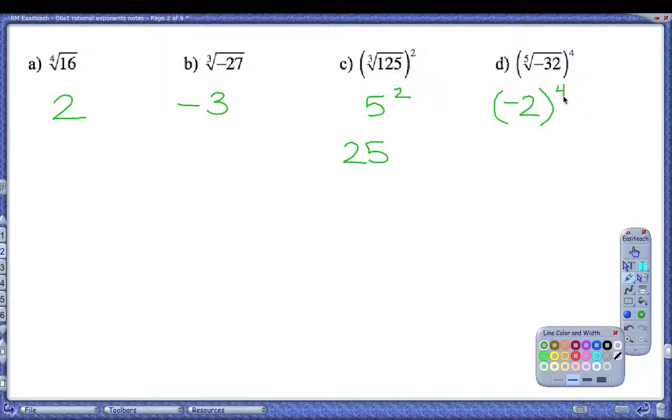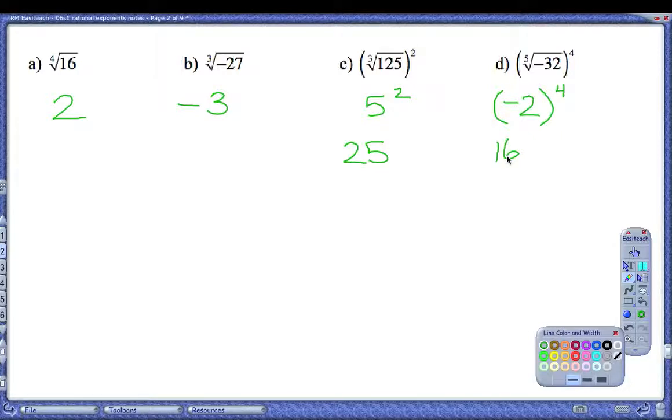I'm sure some of you got the correct answer without doing that, but really for this step to be written in mathematically correct form, the parentheses need to be there because we now want to raise negative 2 to the fourth power. Without the parentheses, only the 2 would be to the power, not the negative sign. Since this power is even, we know we're going to get a positive result, and it'd be positive 16.